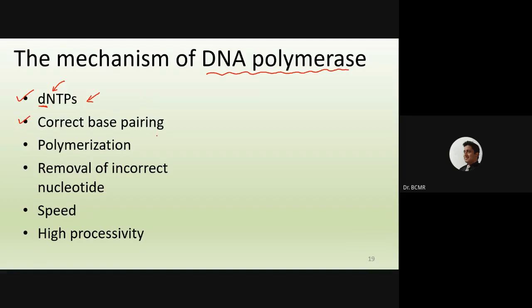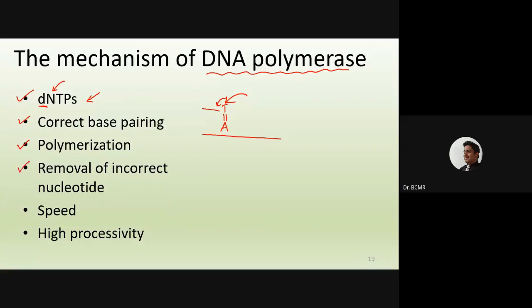The second thing is that the complementarity should be accurate. That is, if this is the template, the correct complementary base should come and not any other base. Then it has to polymerize, making the incoming nucleotide a part of the strand by forming the phosphoester bond.